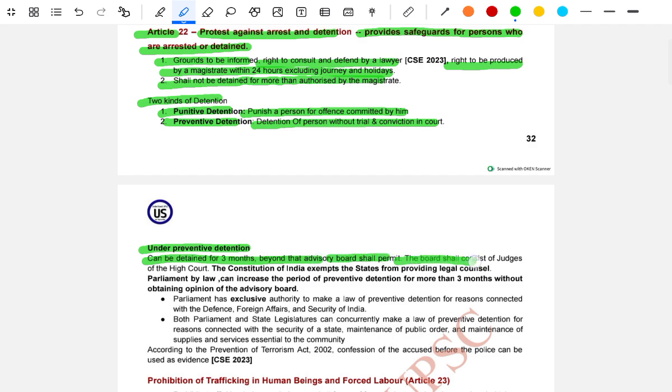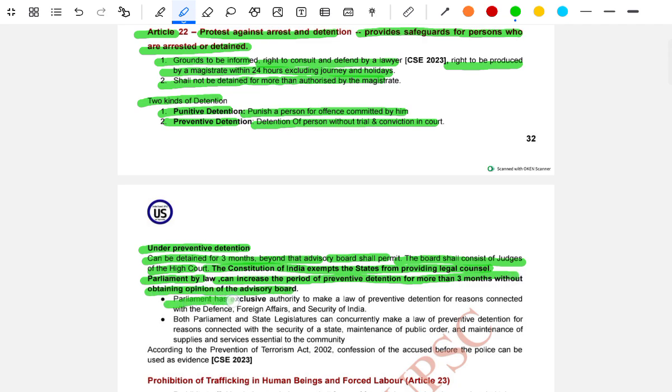The board shall consist of judges of the High Court. The Constitution of India exempts the state from providing legal counsel. Parliament, by law, can increase the period of preventive detention to more than 3 months without obtaining the opinion of the advisory board.